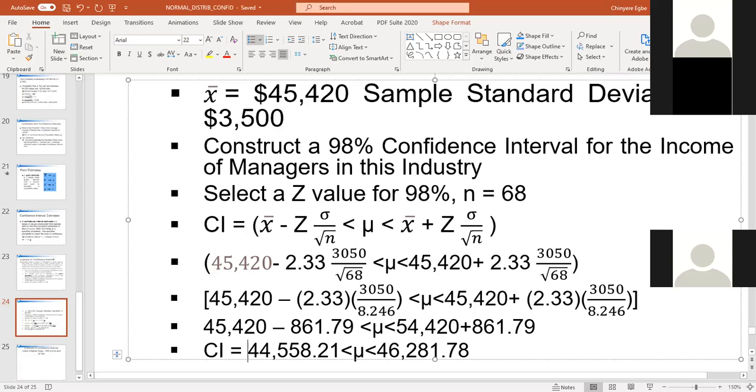It says that we do not know the true average income of managers, but we can say with 98% confidence that the true average income of managers is between 44,558 and 46,281. Does it make sense?